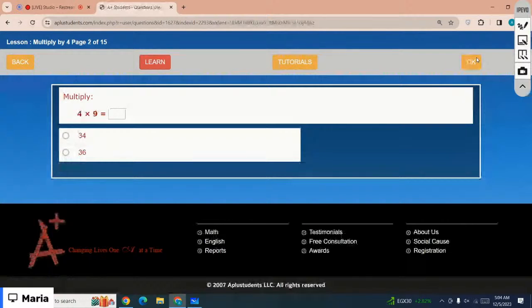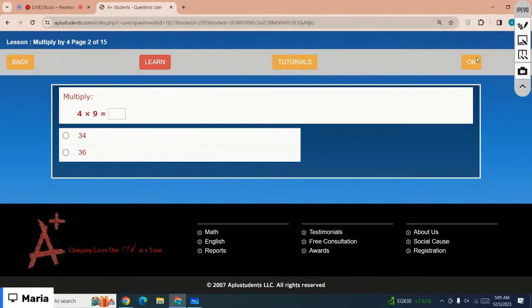Okay, the next one is 4 times 9. 4 times 9 equals, the correct option is, count the table of 4 until 9.